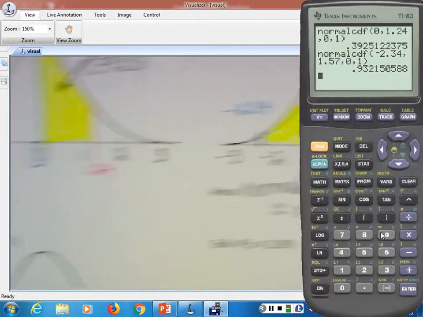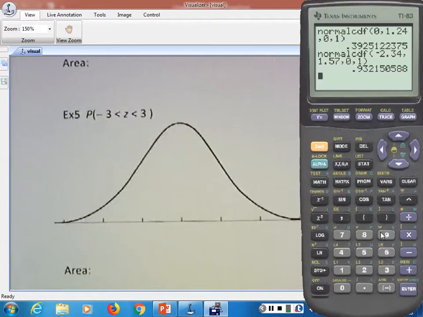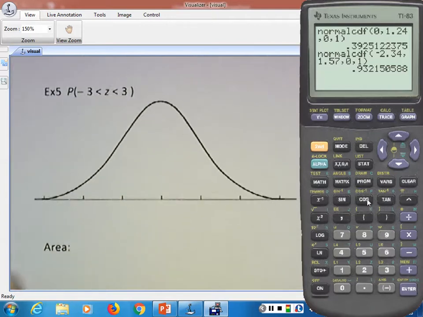So for our next example, we actually don't even need to use the calculator for this example. We really don't.